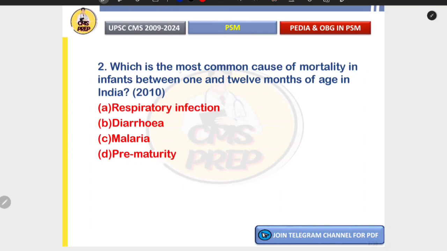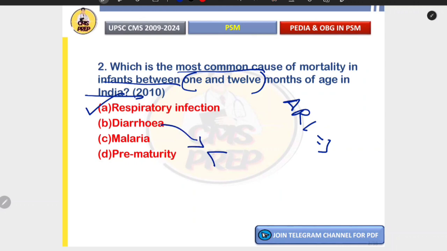Which of the following is the most common cause of mortality in infants between 1 and 12 months of age in India? So the correct answer is respiratory infections. Why? ARI, particularly pneumonia, is the leading cause of death in this age group. Diarrhea is common, but less than acute respiratory infection.